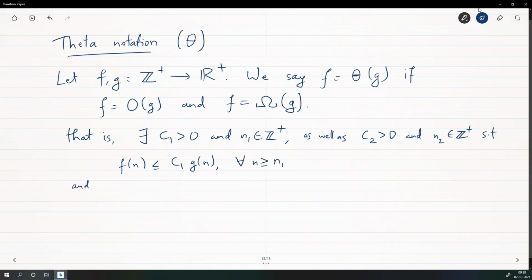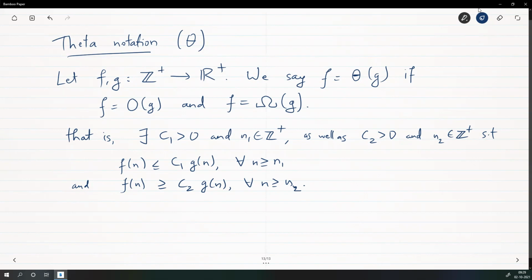And for the second one, f of n is greater than or equal to C2 g of n for all n greater than or equal to N2. That is what this definition means, right?